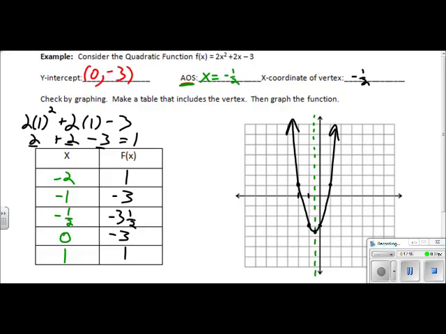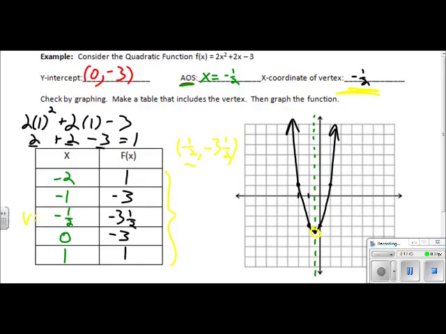Again, according to our table, looks like our vertex is right here. Let's say V, our vertex, is at negative 1/2 and negative 3 1/2. So it would be negative 1/2, negative 3.5 is our vertex. So the x-coordinate of that vertex right here is what we found right there.